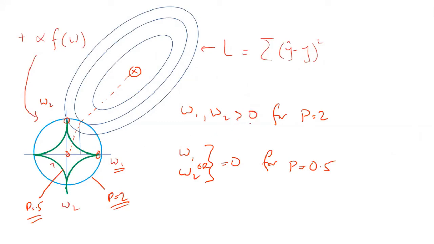In this particular case, they're going to be greater than or equal to 0, or probably greater than 0.